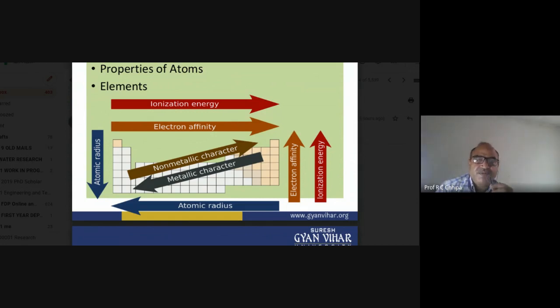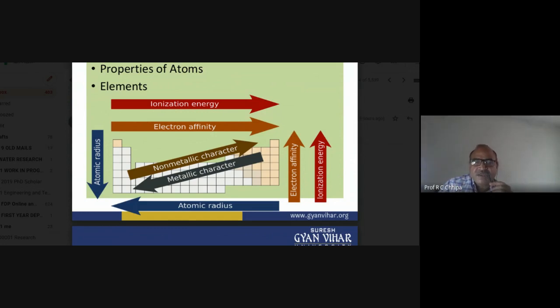So why does that particular property appear? Because of the ionization energy, and because of the electron affinity. So here we can say that electron affinity is more in case of chlorine, whereas the electron affinity in case of sodium is less.